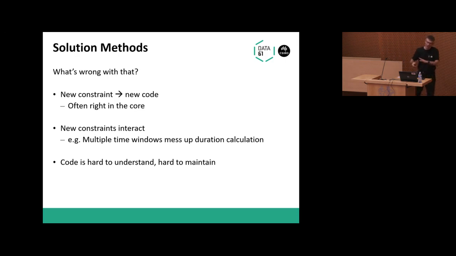Inserting the check for a duration constraint, instead of just being one little spot in my code, popped up in about 16 different spots in the different checks and updates. So each new constraint adds a lot of complexity to a problem, and they can interact. Multiple time windows is even harder with the duration calculation.